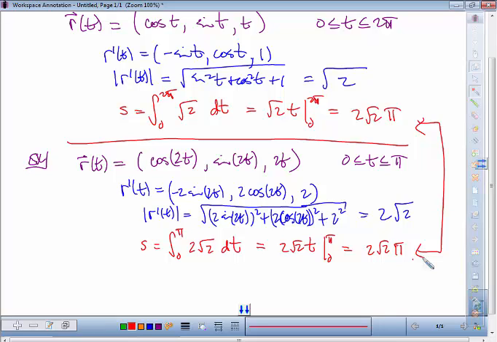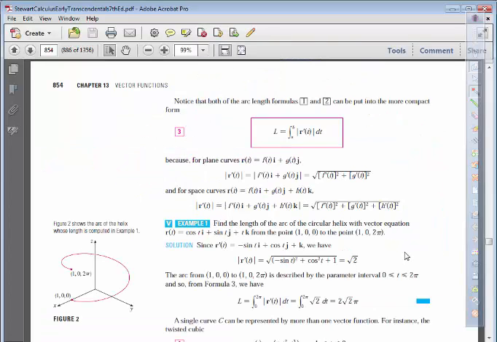Now, there's this concept where you can parameterize by what's called arc length. And let's see if we can look at the book for what they mean by this.